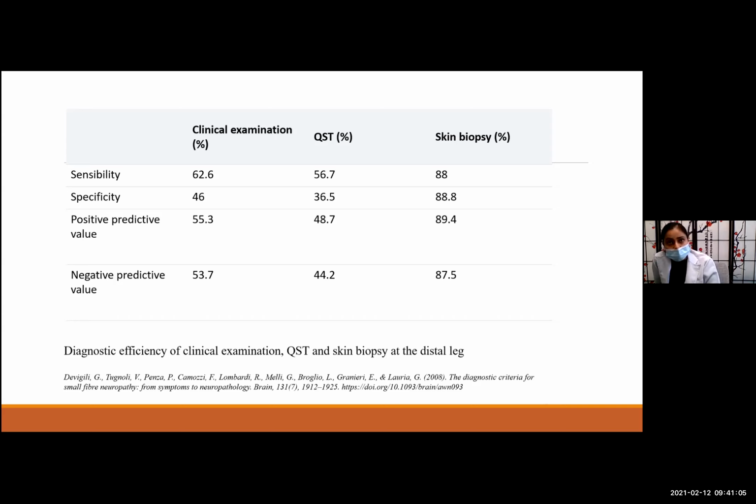When they use quantitative sensory testing, it's only 36%. But skin biopsy has always had the highest sensitivity and specificity, 80 to 90%, in identifying small fiber neuropathy, because it is objective and you can see directly whether the nerve fibers are there or aren't there.